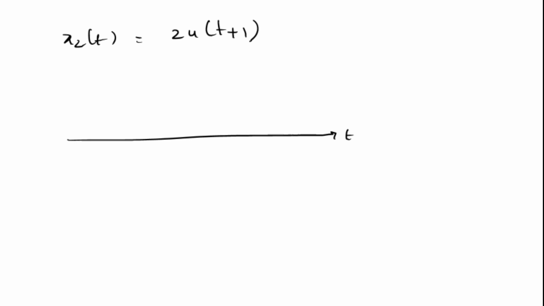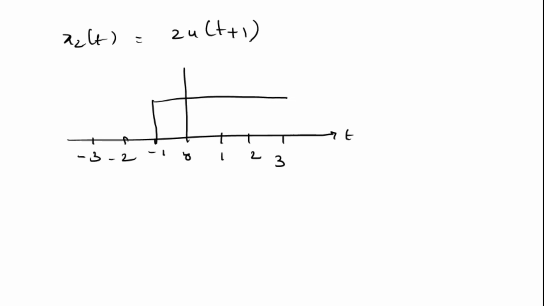This is t, 0, minus 1, minus 2, minus 3. This is 1, 2, and 3. So it starts from minus 1 with amplitude 2.